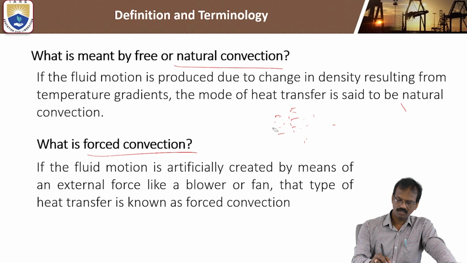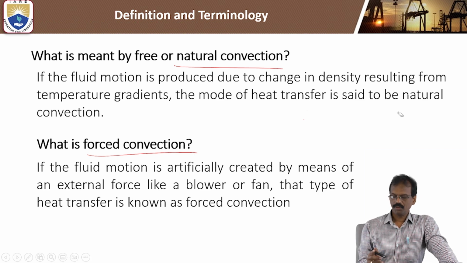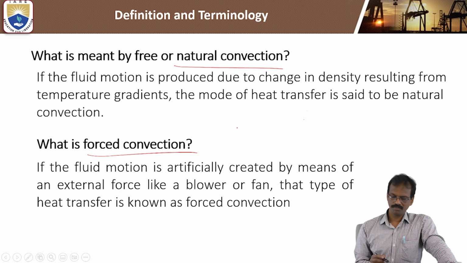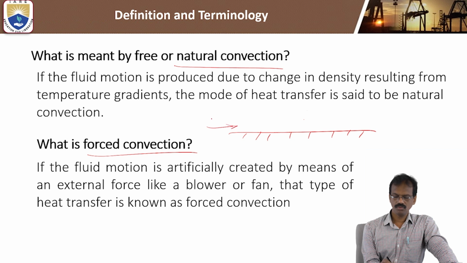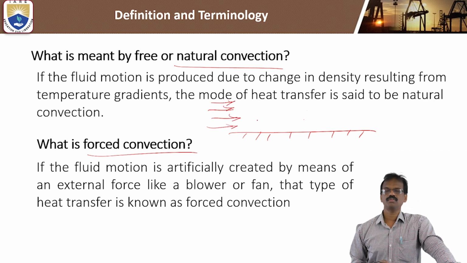The next one is forced convection. Here also, bulk movement of the particles is needed. This is the surface, and on this surface fluid is flowing like this. For the movement of the fluid, we use some external agent.